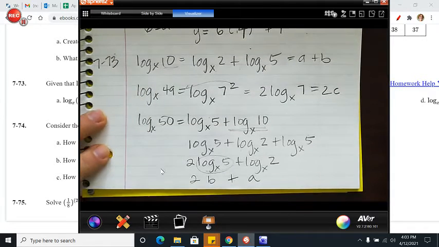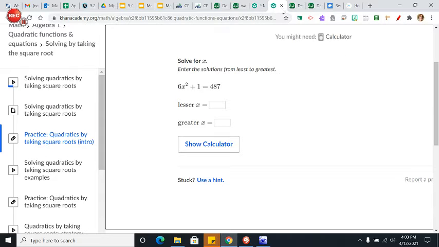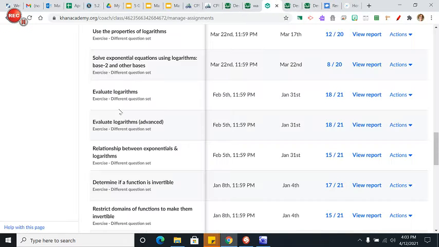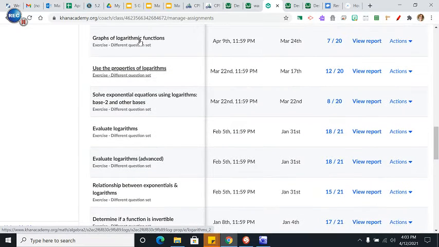So it's just reviewing those properties. And I did say this in class, and it's important. If you haven't done the assignments, evaluate logarithms advanced, relationship between exponentials and logarithms, solve exponential equations using logarithms and other bases, use properties of logarithms.